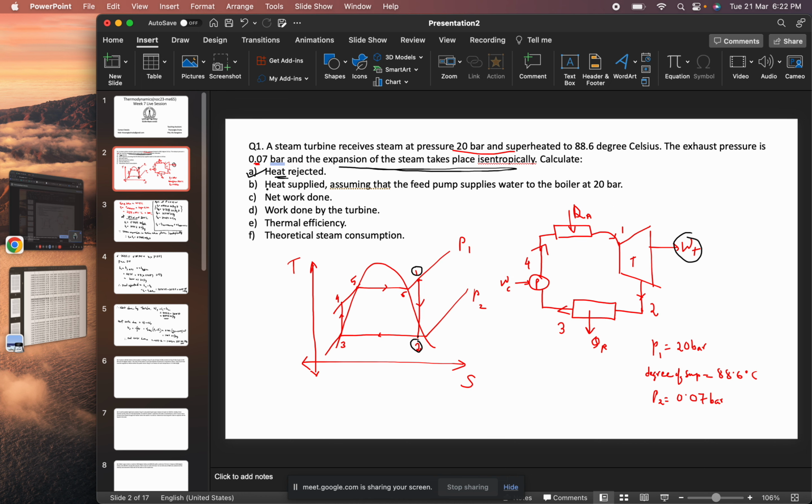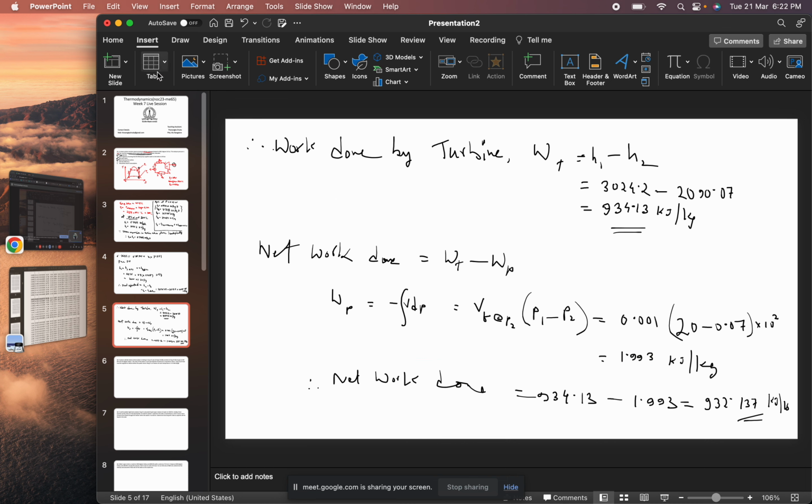So what have we got? We have got the heat rejected, the net work done, and the work done by the turbine. Now we need to calculate the heat supplied.